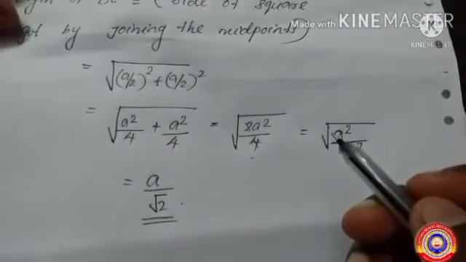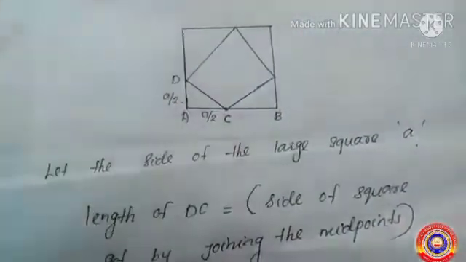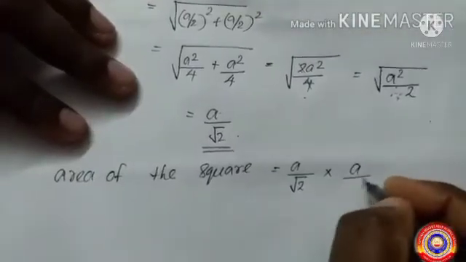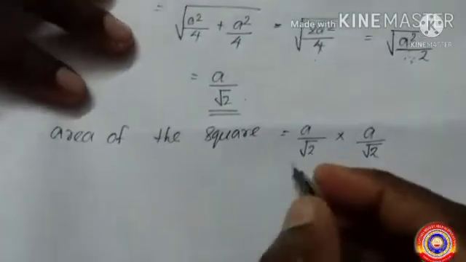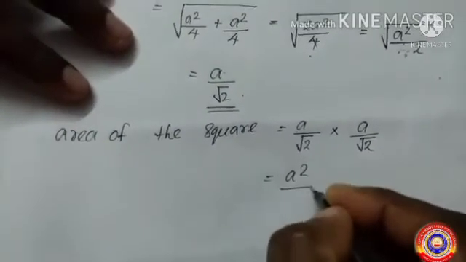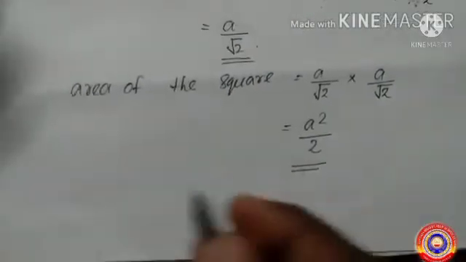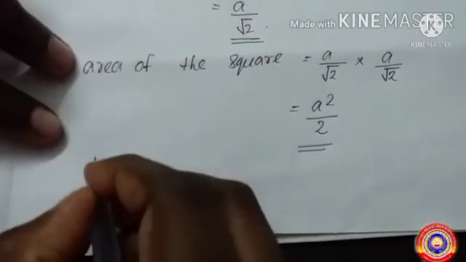What about the area of the small square, which is side into side, or side square? Area of square equals A by root 2 into A by root 2, which is A square by 2, since A into A is A square, and root 2 into root 2 is 2.